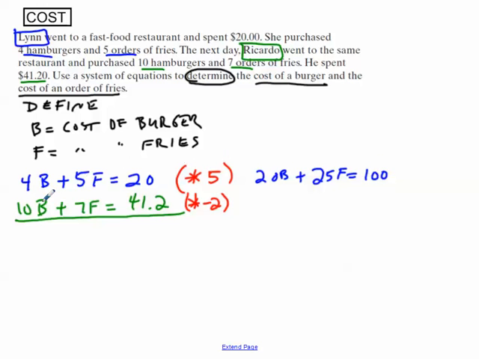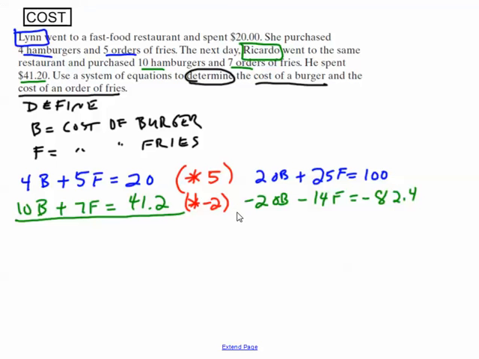Green equation: 10b times negative 2 is negative 20b, and sure enough, when we add these up, that b term will go away. 7f times negative 2 is minus 14f, equals 41.2 times negative 2, which is negative 82.4. So now we've got a system of equations, and all we have to do is solve it.